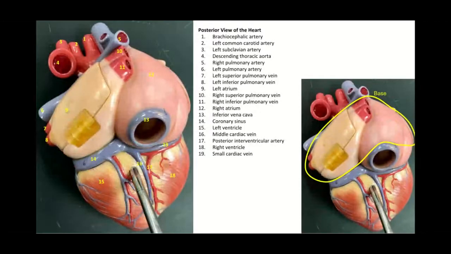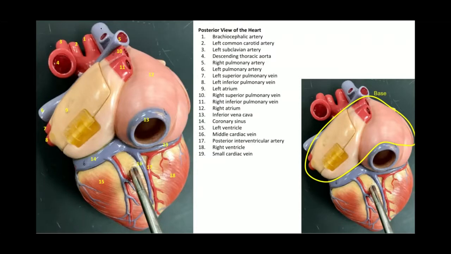This picture shows you the posterior view of the heart. In the back of the heart, as I told you before, we cannot see arteries and we cannot see auricles. So this is a key for anterior and posterior view. But in the back of the heart, we can see the veins very clearly.